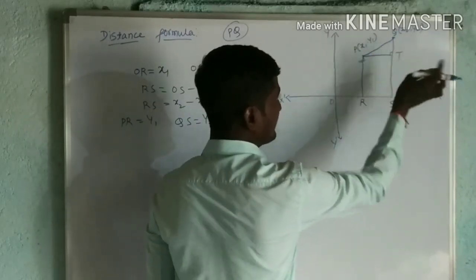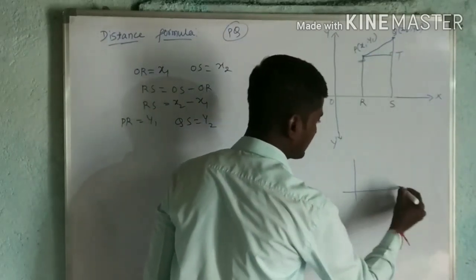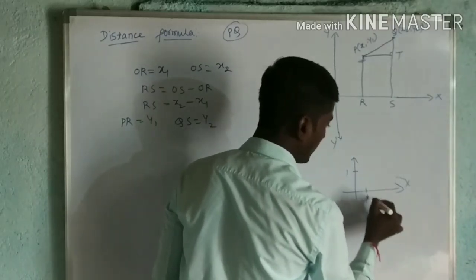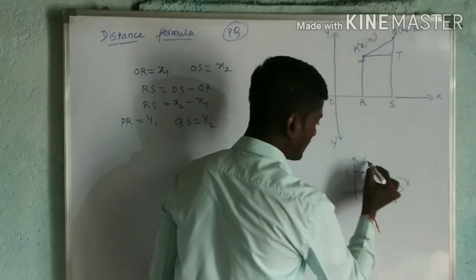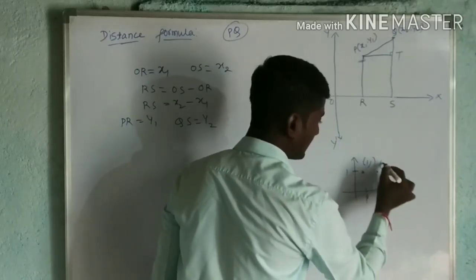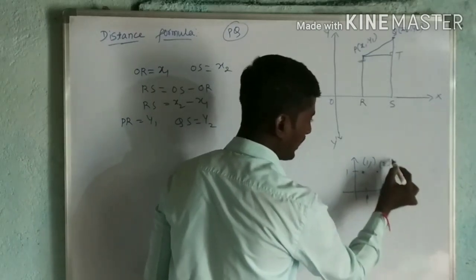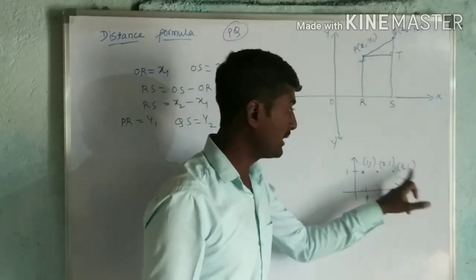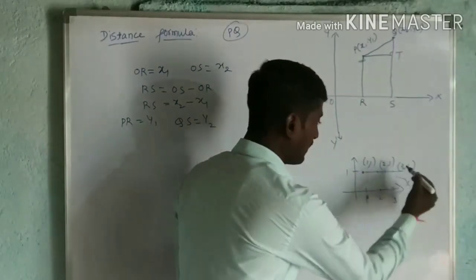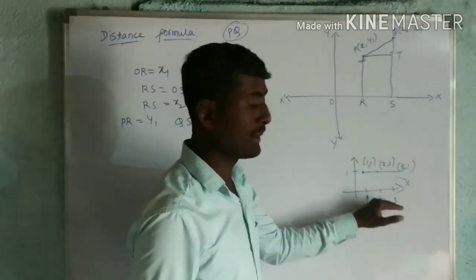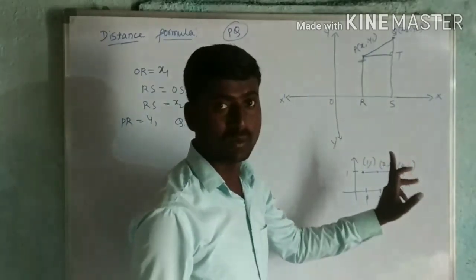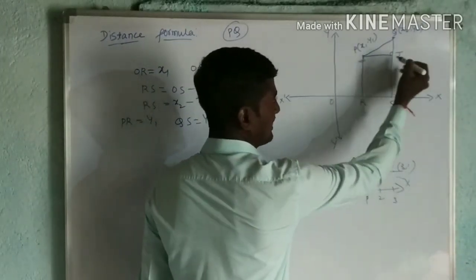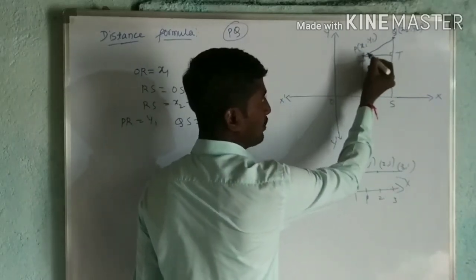Now if I draw points in this direction, this point is 1, 1. This point is 2, 1. This is 3, 1. Here the y coordinate is the same because this line is parallel to the x-axis. The y coordinate of this point is y1.